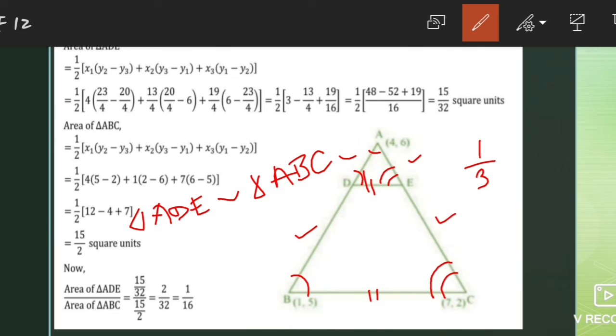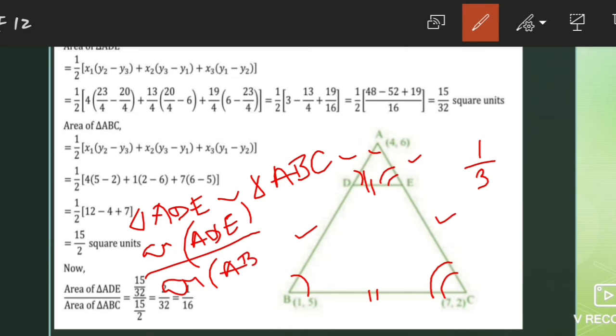Now since they are similar, area of ADE by area of ABC is equal to the square of the ratio of corresponding sides, that is AD by AB whole square.